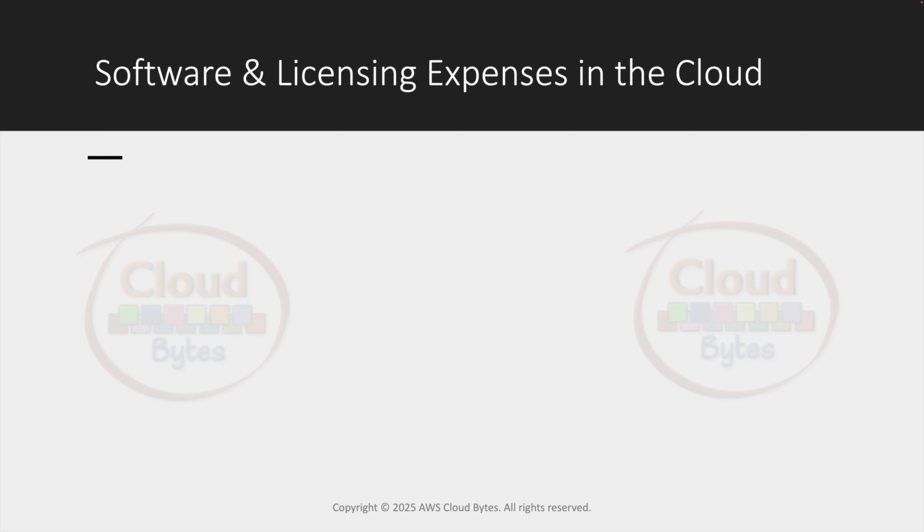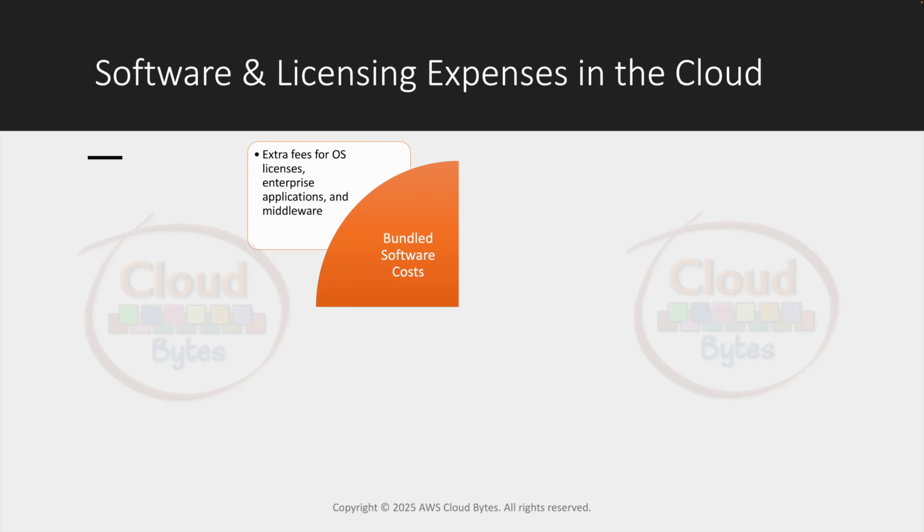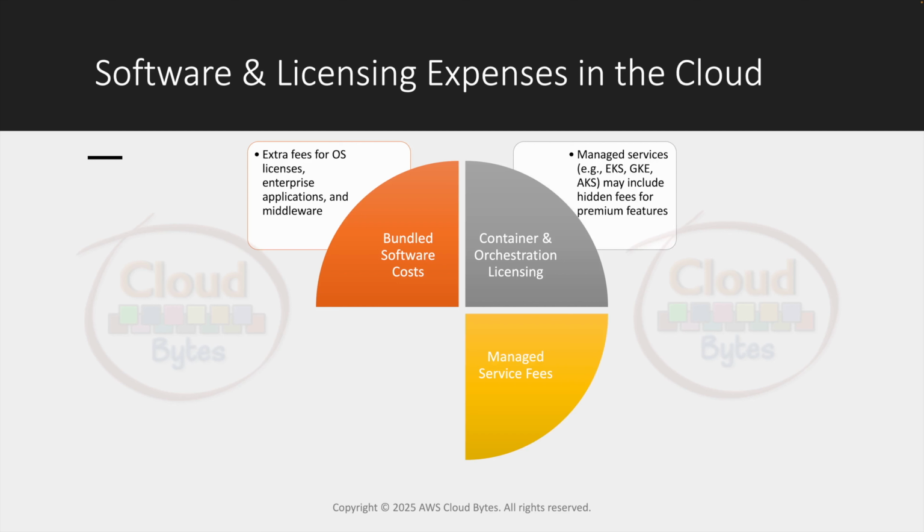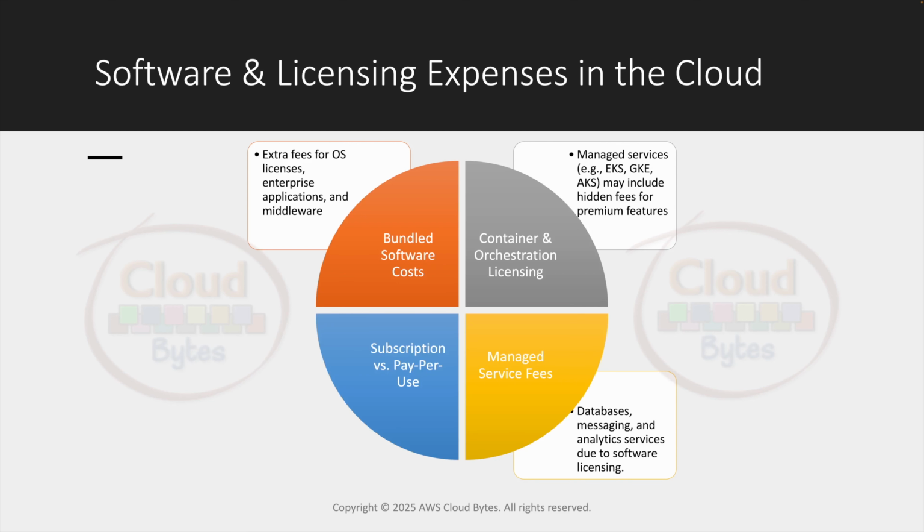Software and licensing expense in the cloud. We're going to look into bundled software cost, container orchestration or licensing cost, managed service fees, and subscription versus pay per use. License and service fees are another layer of costs. Software licensing in the cloud can be a hidden cost trap.